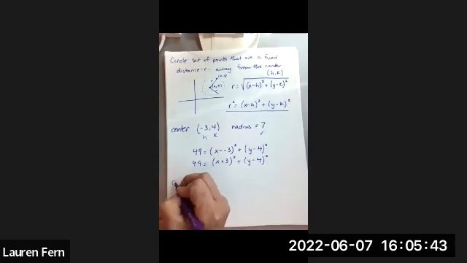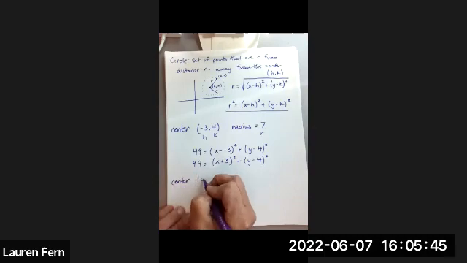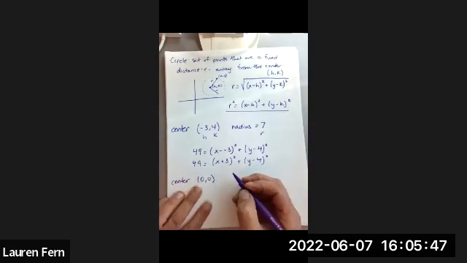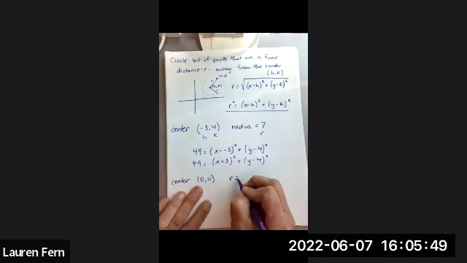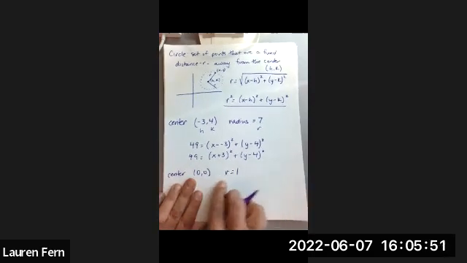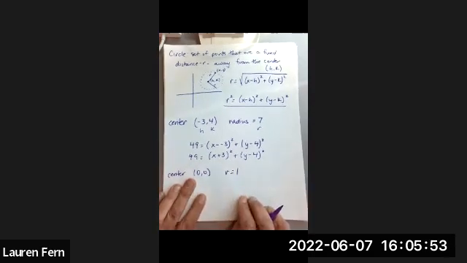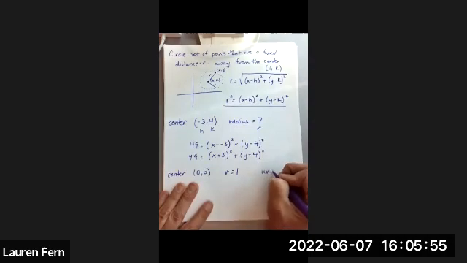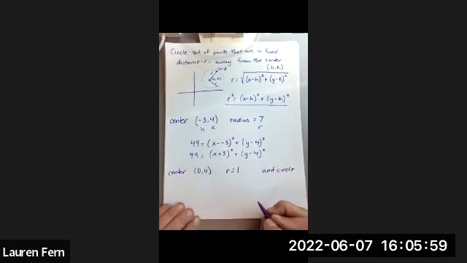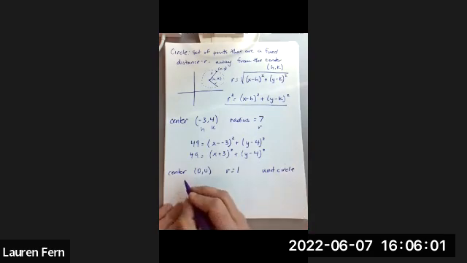All right, what if we wanted to do the same thing, but now our center is at the origin and our radius is 1? This is a really, really special circle. This is actually called our unit circle, and it's something that we're going to be referring to a fair amount in this class.